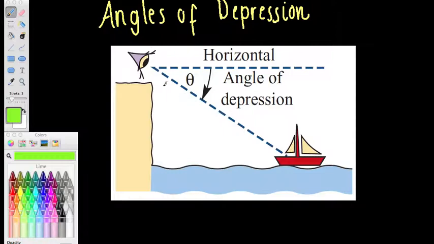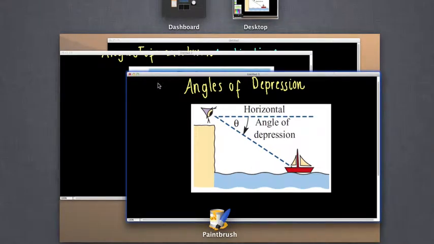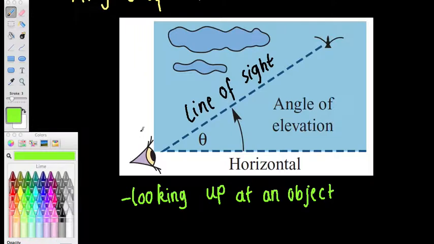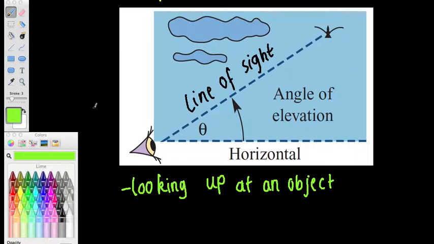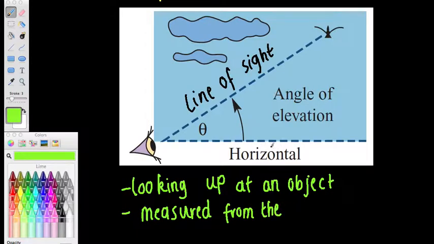So if I just go back to this here, looking up at an object, we might also want to make a point that it's measured from the horizontal. If you've got that drawing there, it does show it in that, but just as a little reminder, measured from the horizontal.